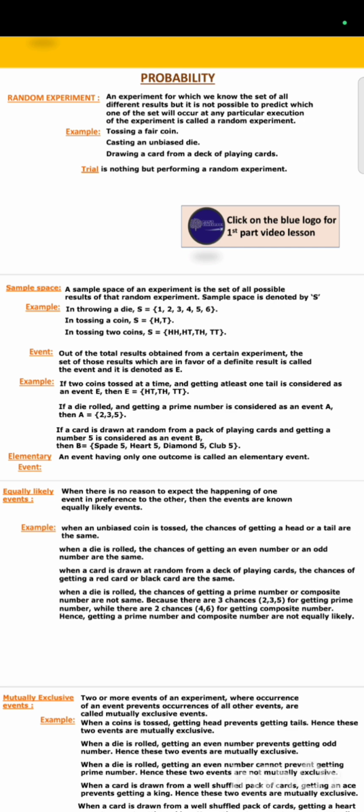When we roll a die, it is {1, 2, 3, 4, 5, 6}. These are perfect examples of sample space. Suppose we toss two coins at a time, then we will get HH, HT, TH, TT. This is about sample space.